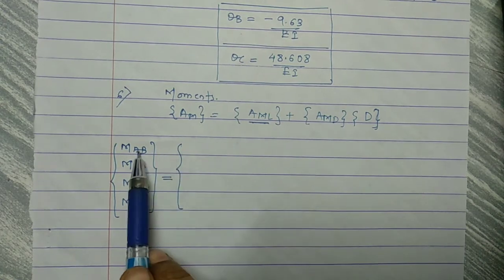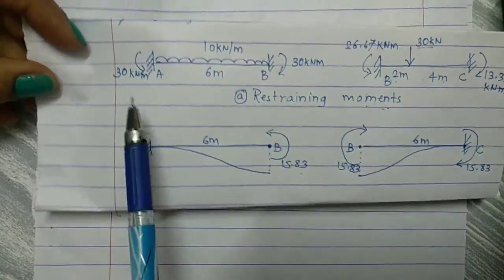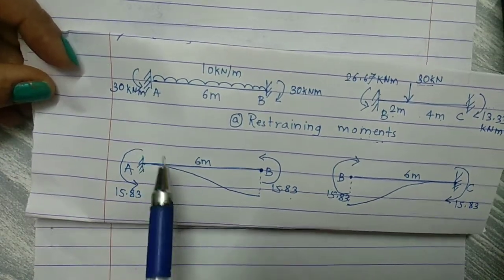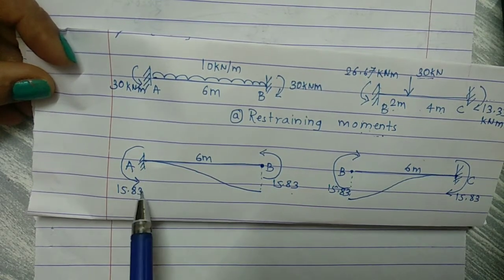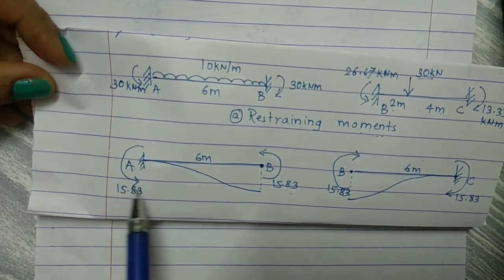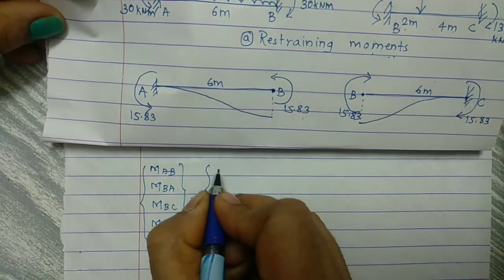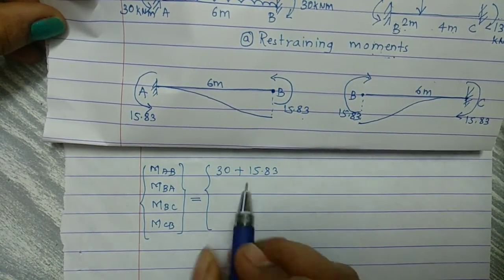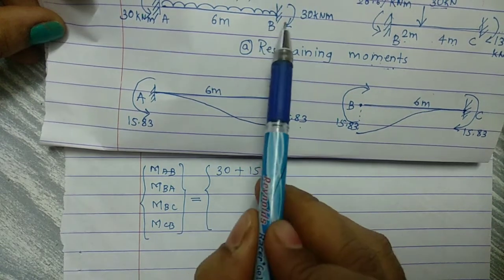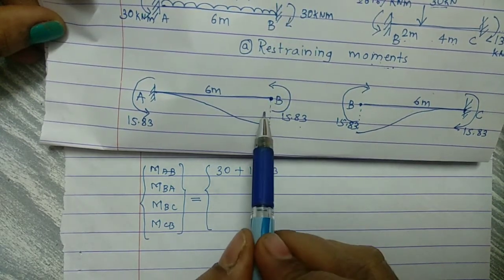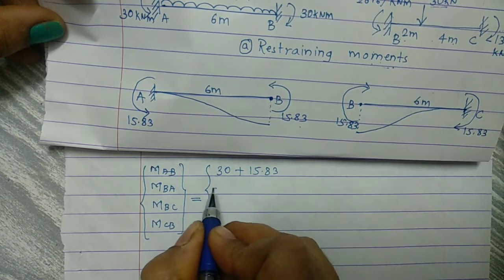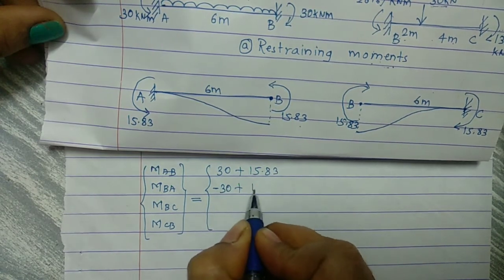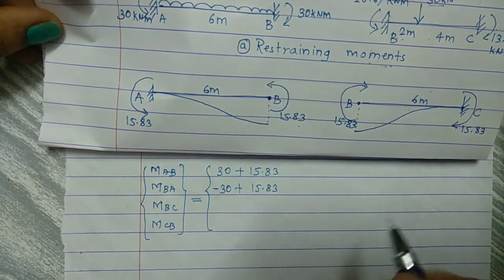So very first for AB, so AB moment here, this 30, and from sinking this 15.83, both are in an anti-clockwise direction. So write down here 30 plus 15.83. BA moment, restraining moment, this minus 30, and this sinking moment anti-clockwise. So minus 30 plus 15.83.